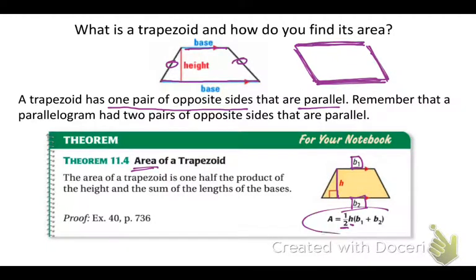Here you can see the formula written below. It's really pretty easy, but as always, you'll probably have to go figure out what some of those values are before you actually get to figure the areas. So that's your first formula for this section, Theorem 11.4, area of a trapezoid.